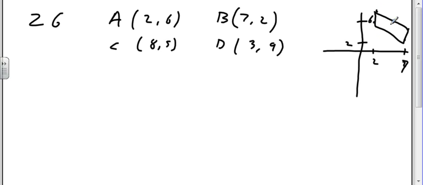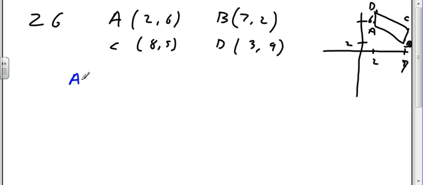And we have something that looks sort of like that. So chances are it might be. All right, so how are we going to tell that this is a parallelogram? Well, let's say this is A, that's B, where's C? C is there, and D is there.